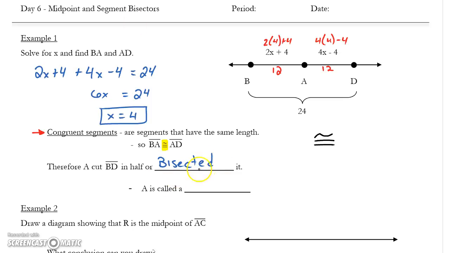It's a segment bisector. And then the other key word we use is that we call A midpoint. And we call it a midpoint because it is the exact middle, geometric middle, of that segment.